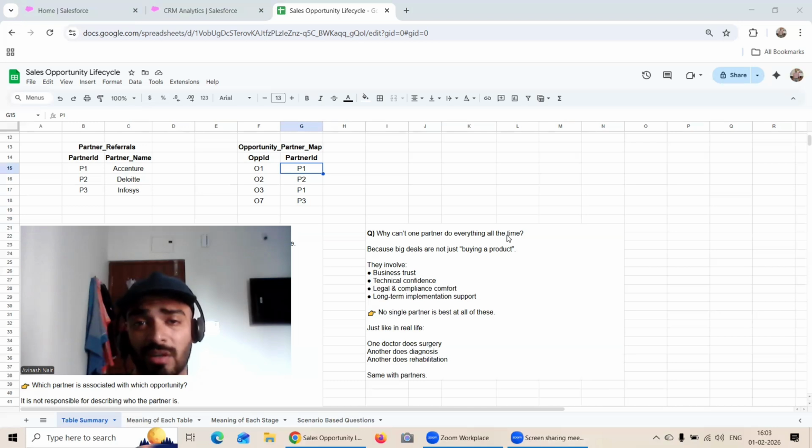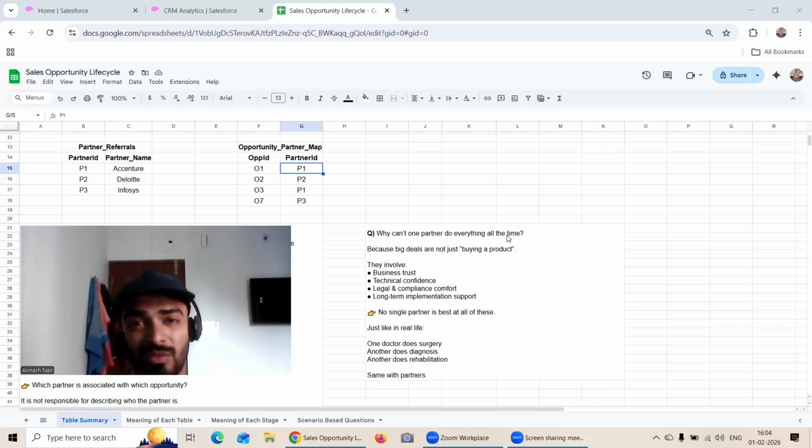And long-term implementation support. When you have developed a particular product, sometimes implementation support is required. Let's say they hired Infosys and Infosys built them the complete structure, the complete dashboard they needed on the Salesforce CRM. But some support work is also required. And maybe the budget which Infosys is charging is quite high, and the client may not want to pay it. So in that case, they might hire a different company where the budget can be less, who can just provide the support part.